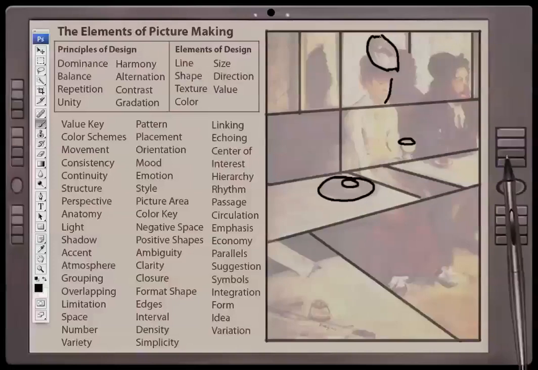Her hat, too, is an oval shape, contrasting with the angular shapes found elsewhere in the composition. And there's an oval shape right there. There's a curve right here and on the contour of his hat. His back has a curve to it. So there are a number of curves that contrast with the straight lines.